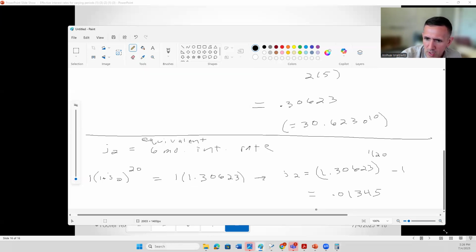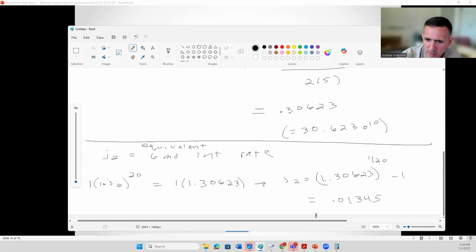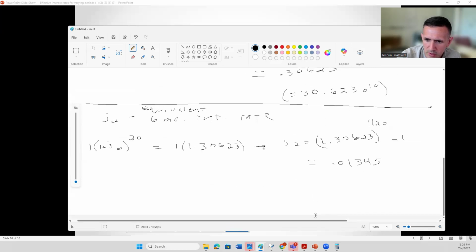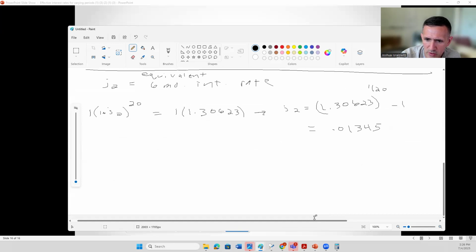Alternatively, if you really want, you could just use the equivalent effective annual interest rate. It's a little more inefficient, but I'll do it really quickly. You do it in 2 steps, and you can never go wrong doing this. So this is the equivalent effective annual interest rate.